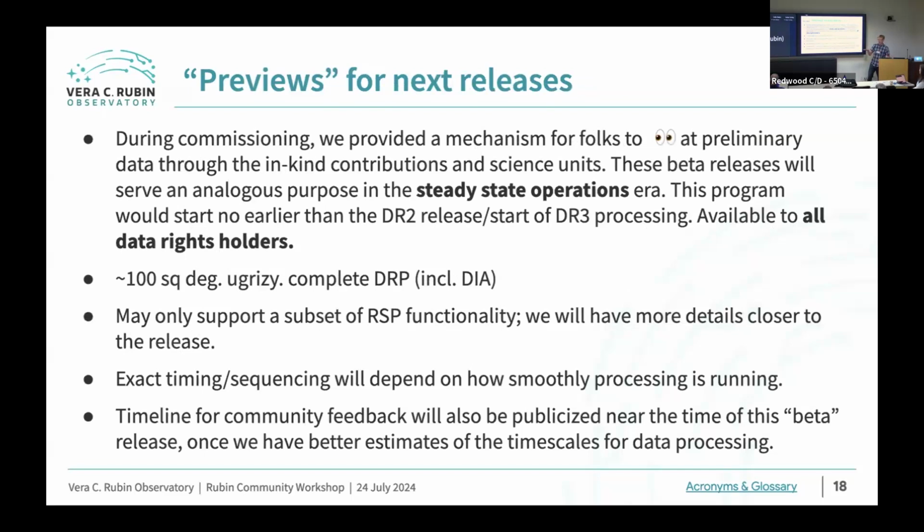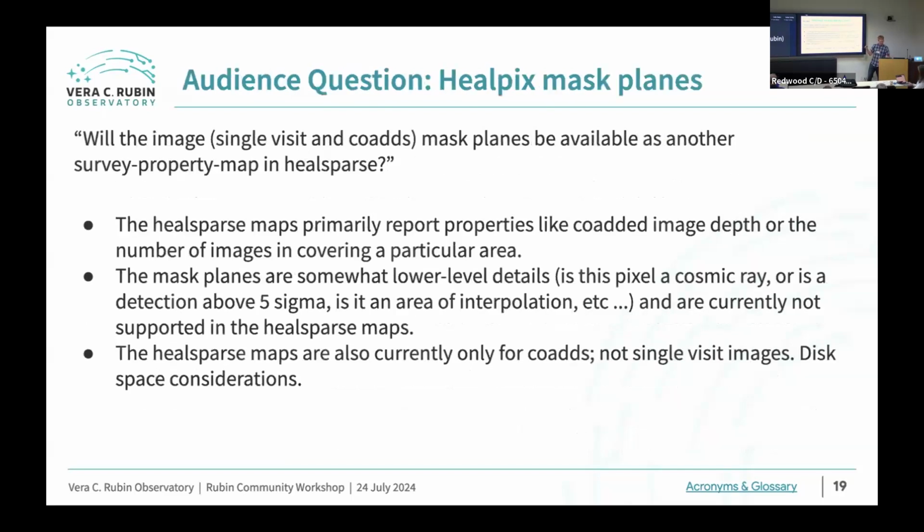No immediate hands. So we solicited questions from the audience, from people online, on the community forum. So I just want to answer a few of these that we got, just to make sure that everyone got their answers. We did have a question that came in about HEALSparse property maps of the mask planes. Whoever asked this, thank you for the question.